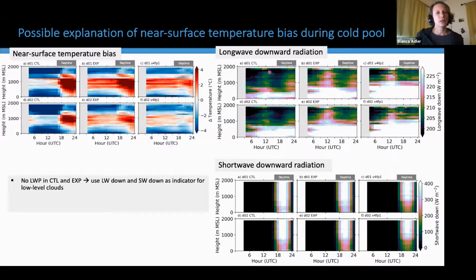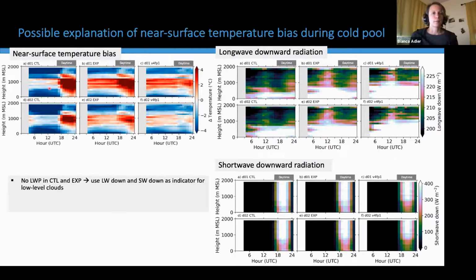Especially during nighttime, we see that in the control there was a lower long wave downward radiation, which indicates fewer clouds. And this means that we had a stronger radiative cooling, we had lower temperatures, and this can thus explain this strong negative temperature bias we saw during nighttime in the control run.